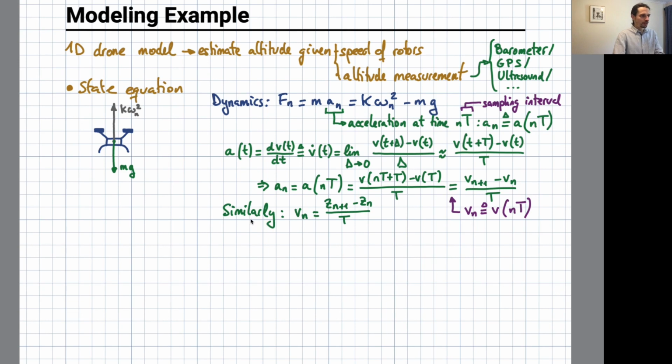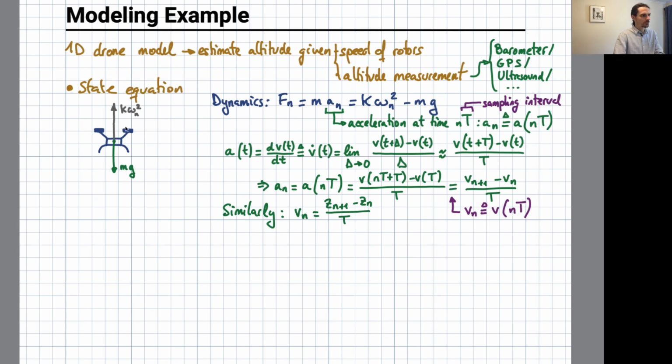So following the same logic here, we can say that the velocity is given by this function of the altitude. Of course, the altitude is measured vertically. It increases in this upwards direction, but so do the velocity and the acceleration.